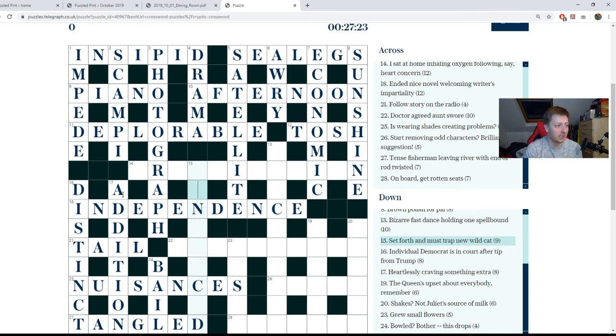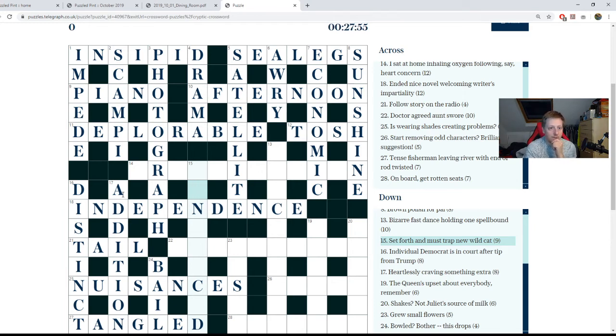So this is 15 down. Set forth and must trap new wild cat. Loads of anagram indicators there. Set forth feels like it's the definition, or wild cat feels like it's the definition.